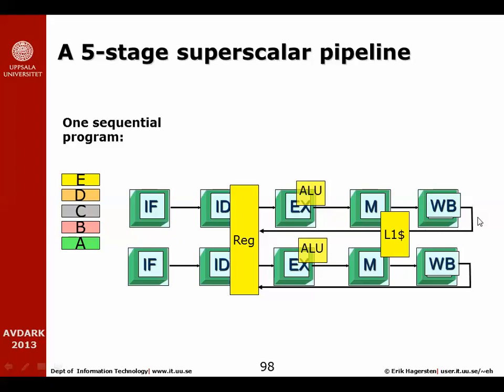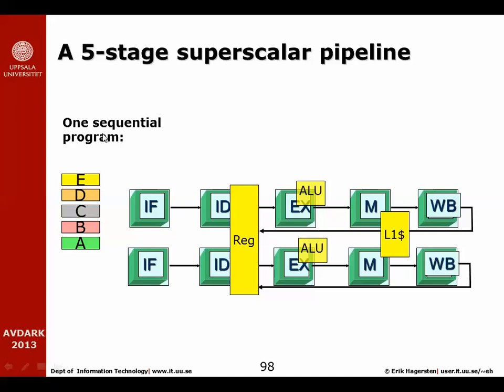And both of the last pipeline stages will write results back to the register file. So what you see in front of you here is a superscalar pipeline. It's a two-way issue superscalar pipeline. The x86 processors that you have around you probably have more like a four-way issue superscalar pipeline. They would have four of these pipelines sharing the same register file, four different ALUs, and four memory stages sharing the access to the first level data cache.